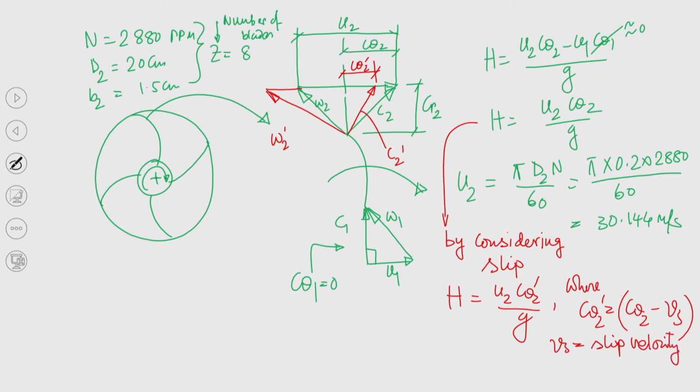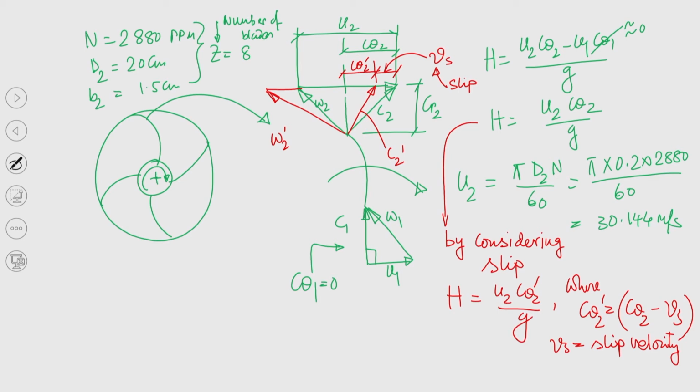So, this is basically the slip velocity. We can now calculate the magnitude of slip velocity, and by plugging that into this expression, we will establish the expression for H in terms of Q, because C theta 2 we can express in terms of the flow rate that we know.